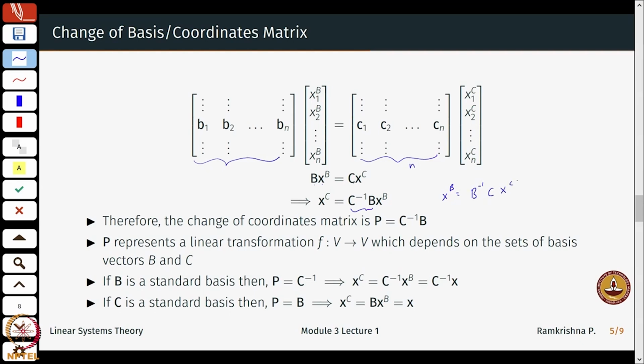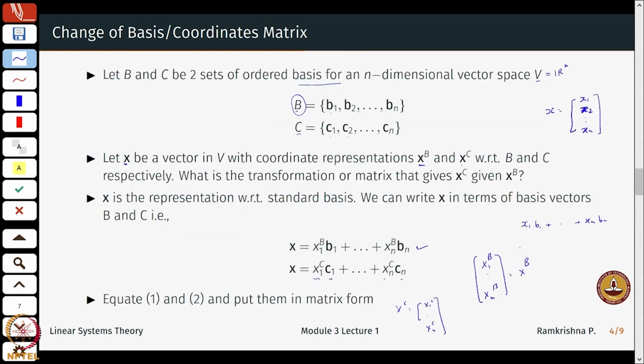So what does this answer for me? I have a vector xc, and what is the matrix that transforms from xc to xb? xc is written in the basis c1 till cn, and xb is written in the basis b1 till bn. So what is the transformation that takes me from one to the other?